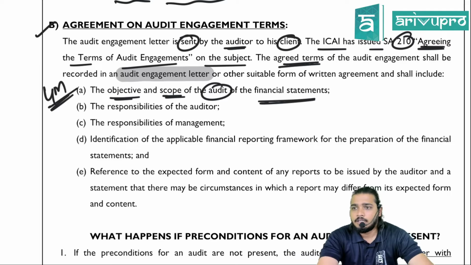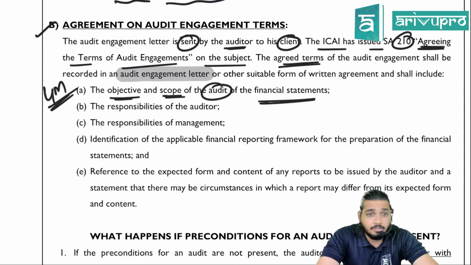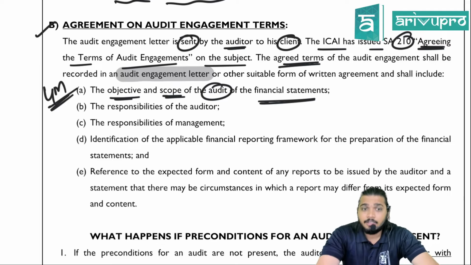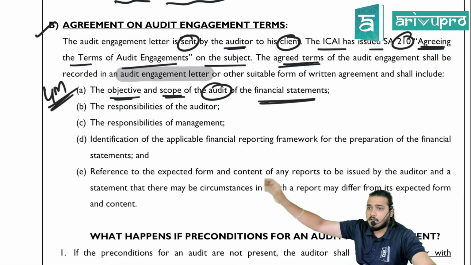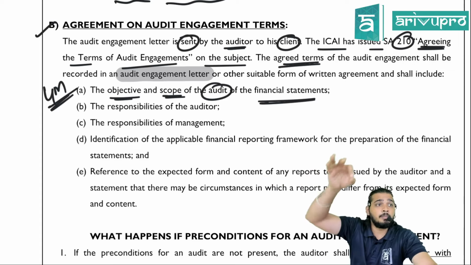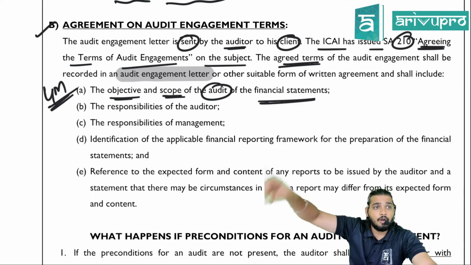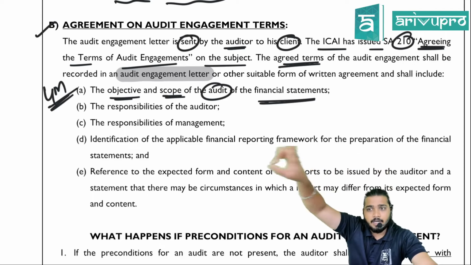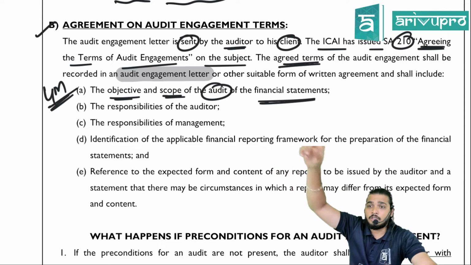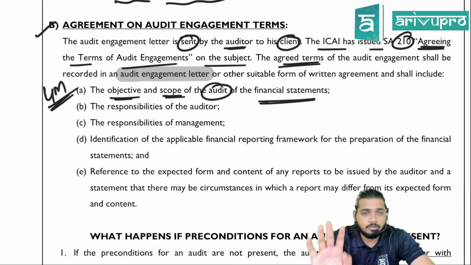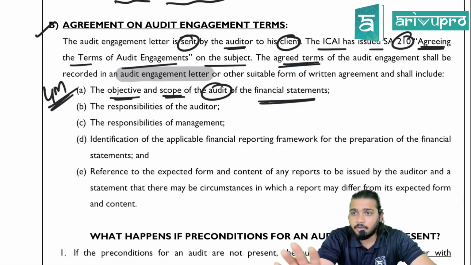To obtain reasonable assurance about whether the financial statements are free from material misstatements, whether due to fraud or error. Second, to report on the financial statements as per the applicable standards. This objective you should write. Second one is scope. Whatever is your scope, you write here.